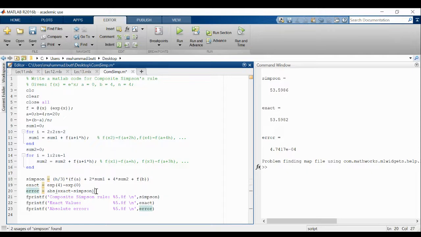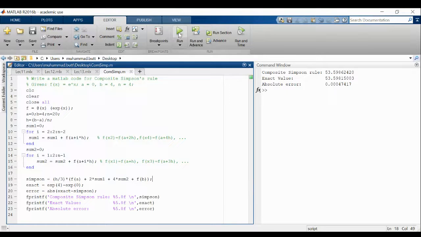Now just comment this, and now you can see a very good way that composite Simpson rule gives you 53.599.